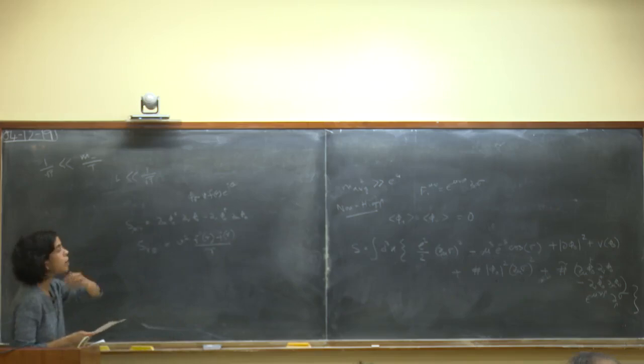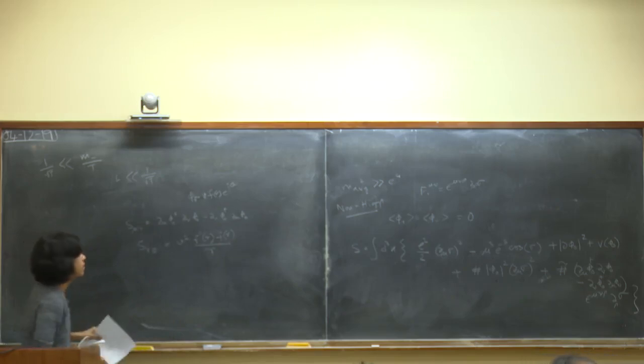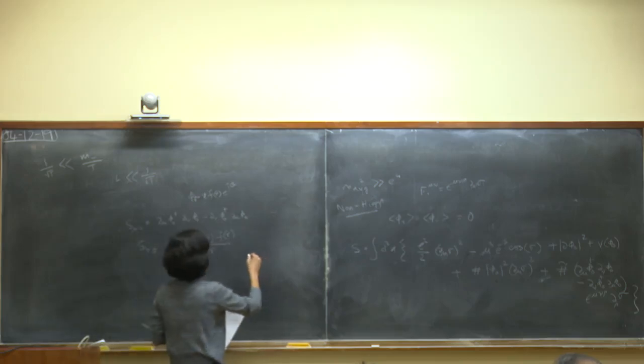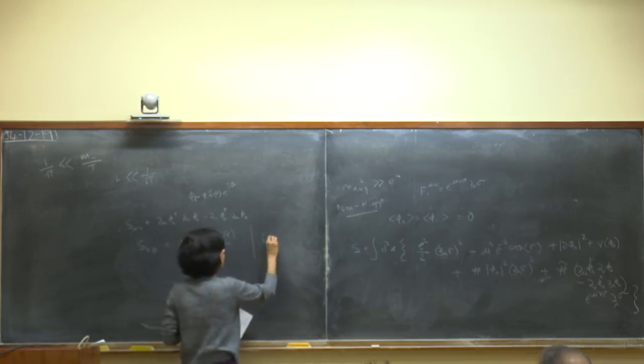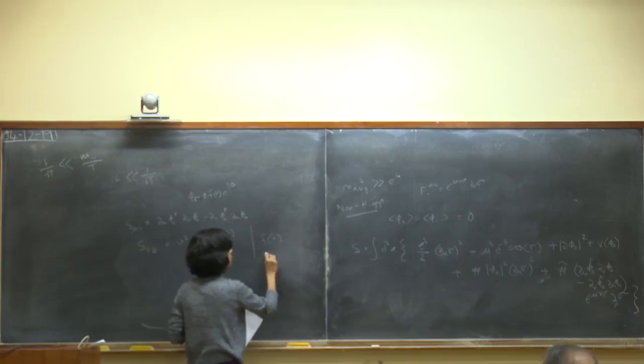And f of r is something like e to the power minus mr, where m is the photon mass. It doesn't have to be like this, but this is a good enough form, I think.